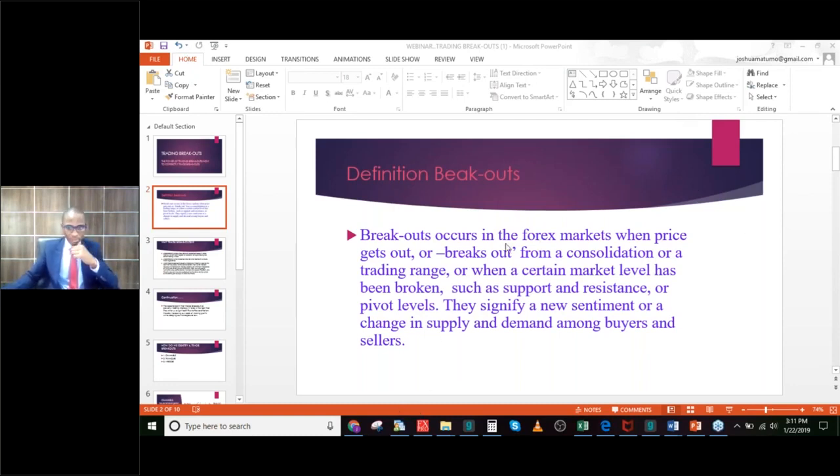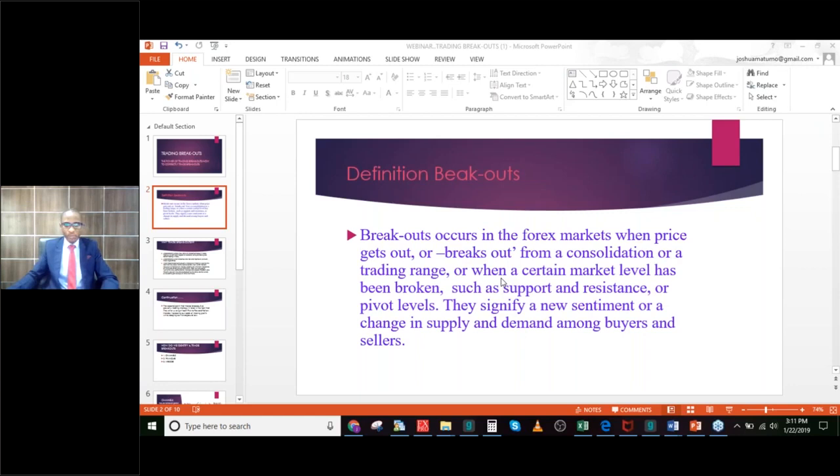Breakouts occur in the forex markets when price breaks out from a consolidation or a trading range, or when a certain market level has been broken, such as a support or resistance or even pivot levels. Breakouts signify a new sentiment or a change in supply and demand among buyers and sellers. All traders understand that the markets are set on the basis of the economics of supply and demand.